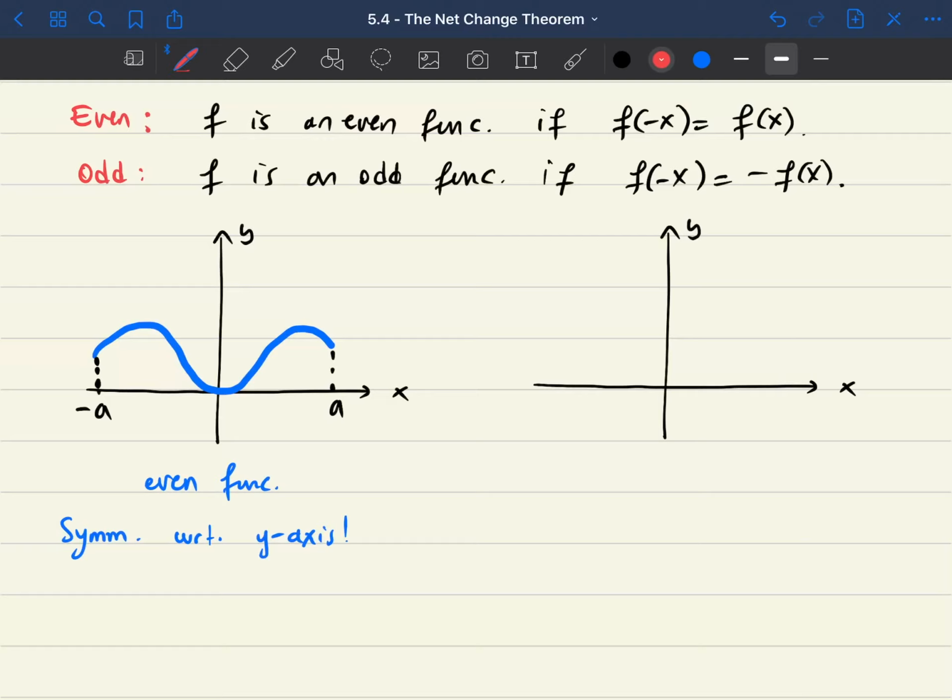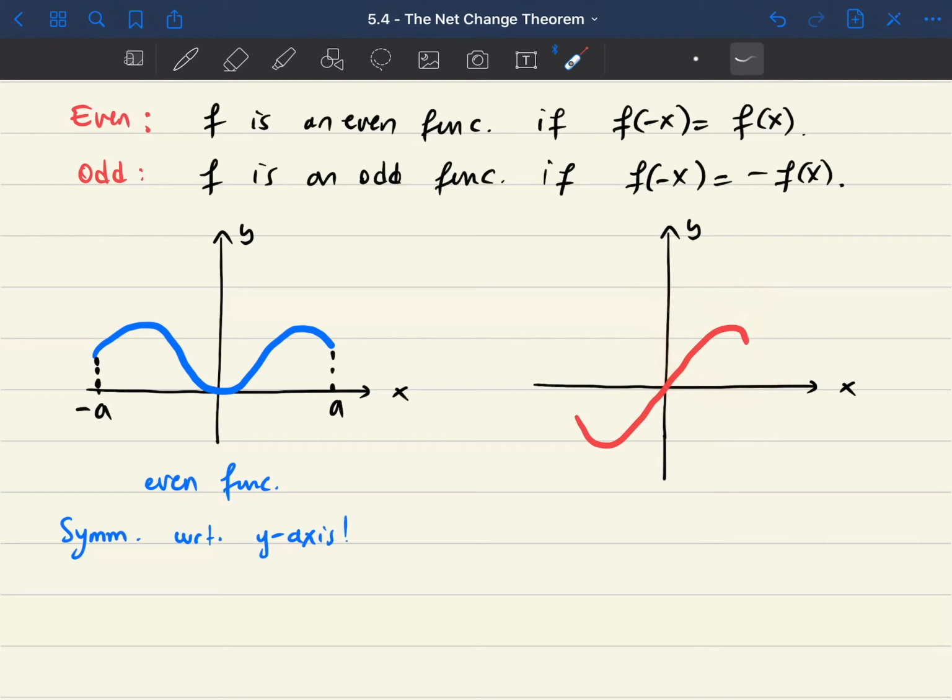So I'll try to be creative here, so let me extend this x a little bit. So I'll try to do this. Let's say I have... okay, so whatever we have on this quadrant in this picture, you should reflect it to have this side of the quadrant.